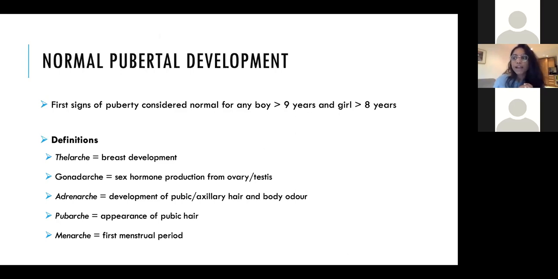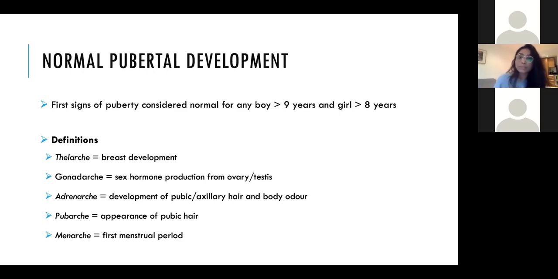So if you have a boy who has signs of puberty before the age of 9, that needs further investigation. That doesn't necessarily mean bloods and imaging, but you need to take a thorough history and do a detailed examination. We'll go on to precocious puberty later, so I won't say much now.